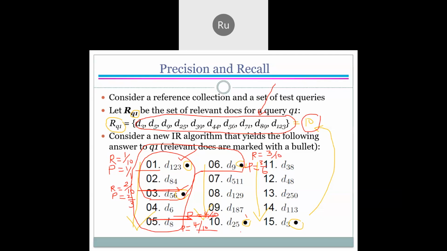The 10 here refers to the number of documents being returned to you. Okay, last one. What is the recall rate? 5 over 10. What is the precision?